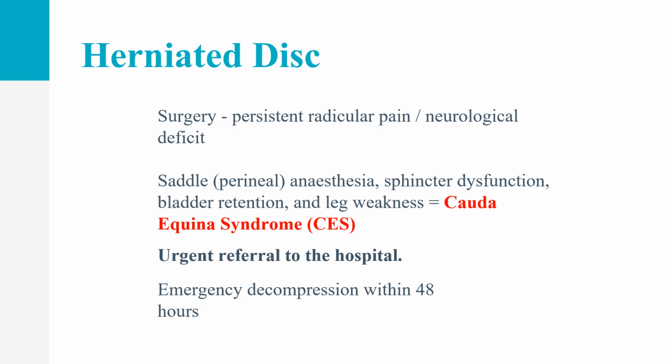Surgery is indicated if there is persistent radicular pain that the patient is not able to tolerate, or if there is any neurological deficit. If there is saddle anesthesia or sphincter dysfunction, as I told, that is cauda equina syndrome, which is an emergency, and emergency decompression has to be done within 48 hours. This is the only emergency in disc prolapse.